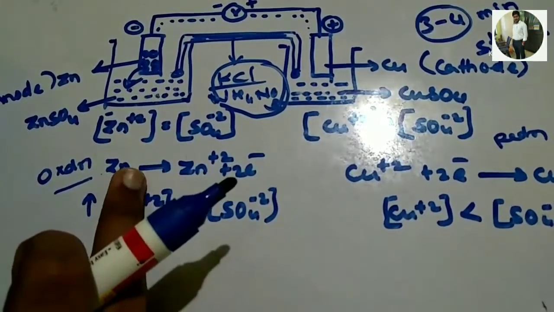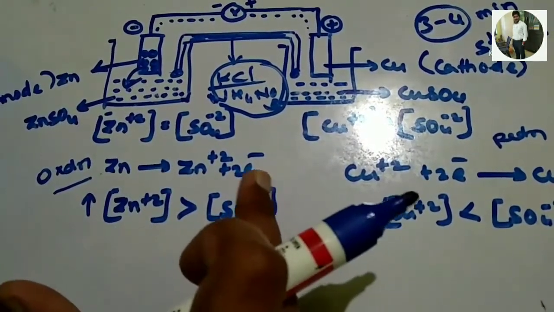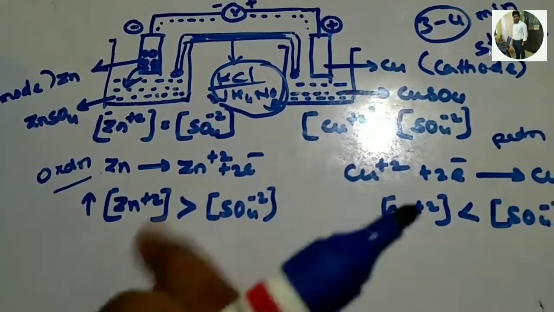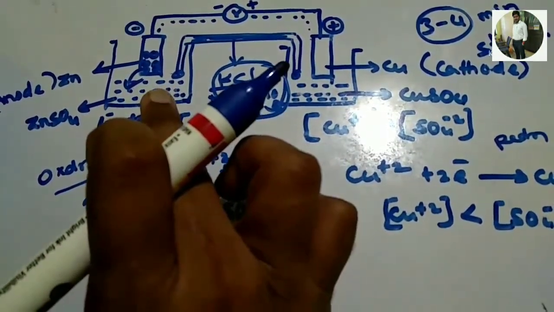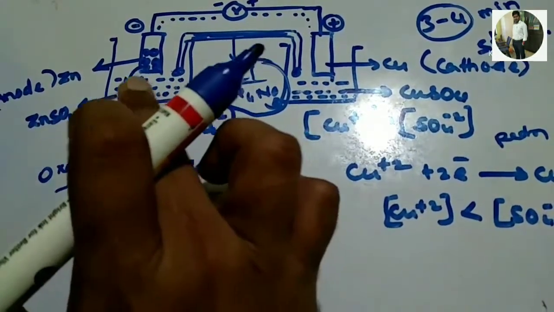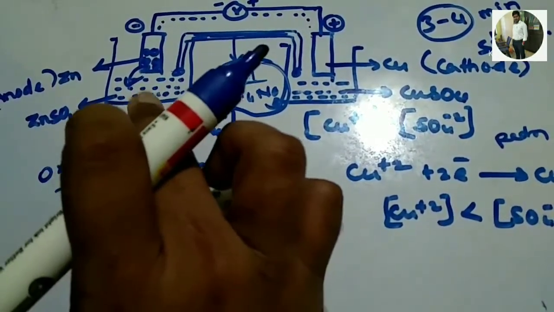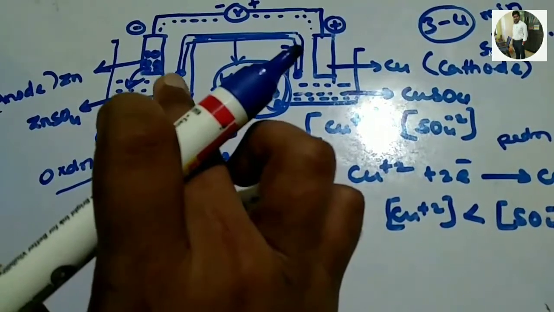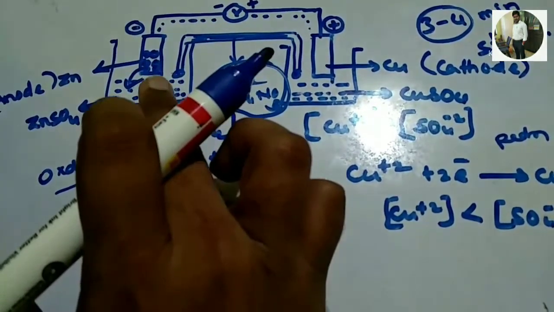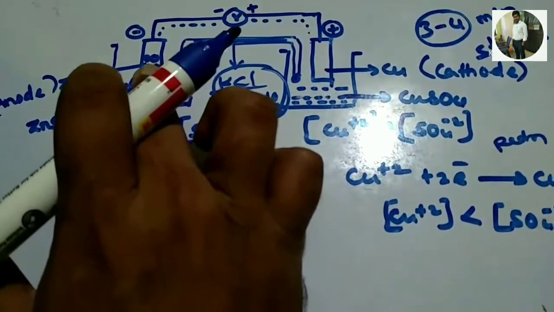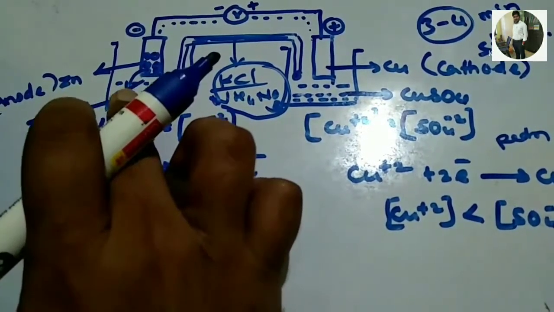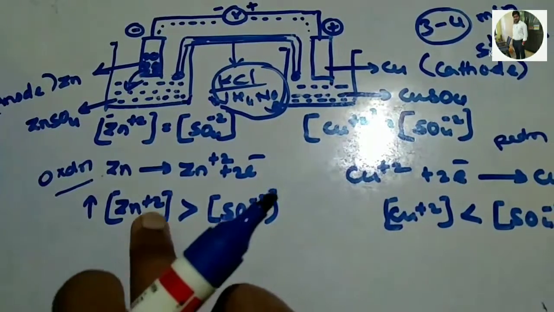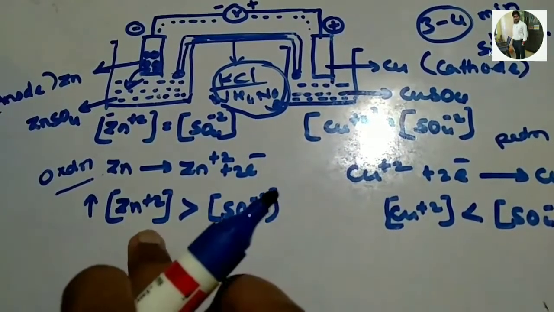So here zinc is releasing 2 electrons by converting into Zn+2 ions. So it is undergoing oxidation. Already zinc sulfate is there, means Zn+2 ions are there and SO4 minus 2 ions are also there. Along with that, by undergoing oxidation, Zn+2 ions of this anode are coming into the solution, and hence the number of zinc ions is going to increase.